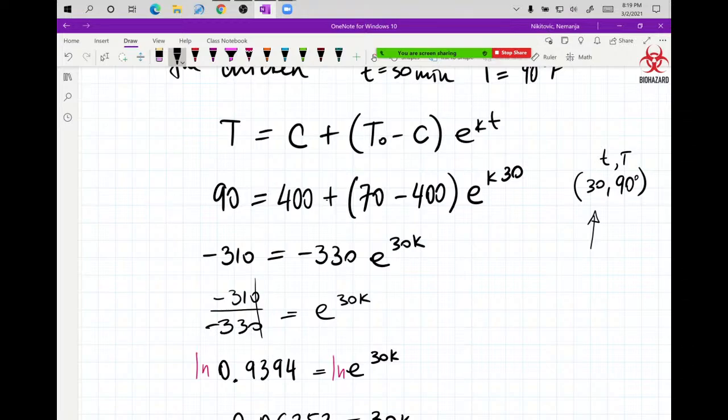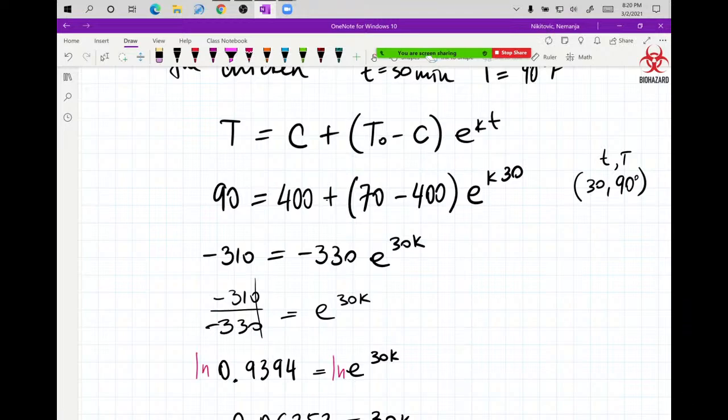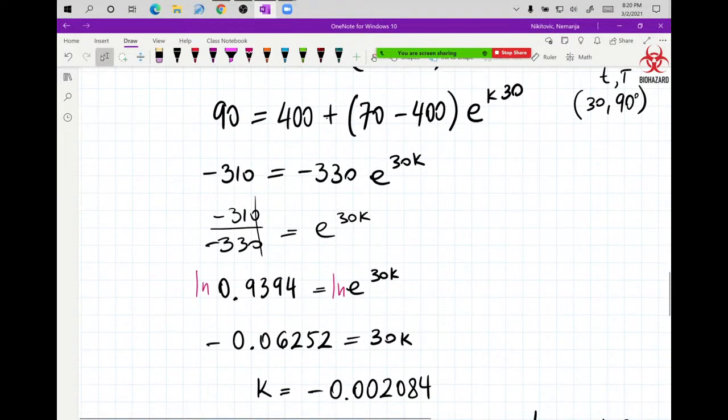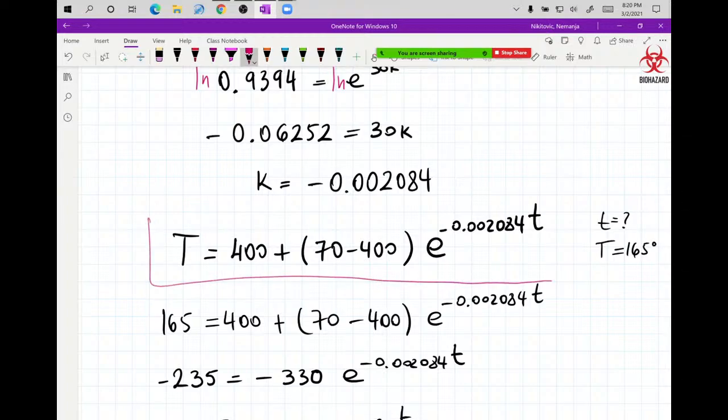Once you have this measurement, you can plug all of those numbers into the exponential equation that we just learned and calculate your K. That gives you what we call a mathematical model. This over here is called the math model.